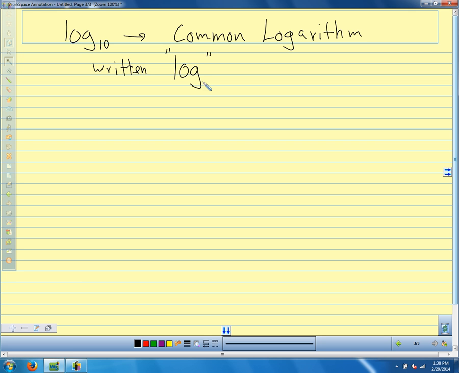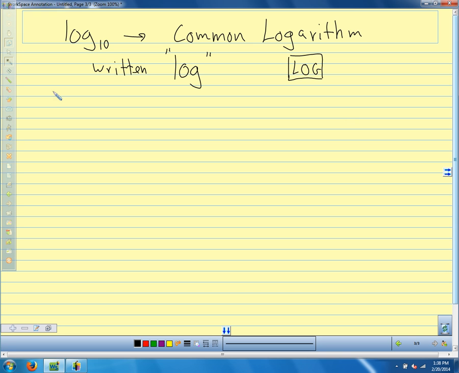It's log base 10, because log base 10 comes up frequently in certain kinds of calculations. So anytime you see log written with no base, it is base 10. And on your calculator, you have a button that just says log. That is the common logarithm. We'll talk about another logarithm that we use very frequently in just a little bit.